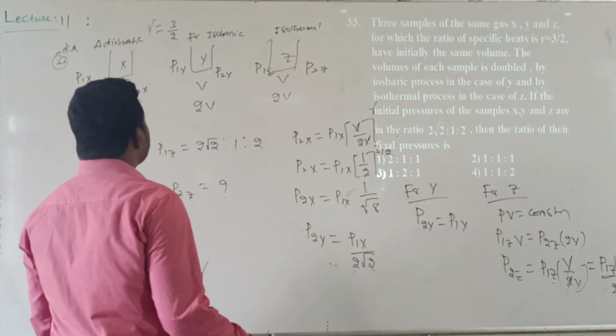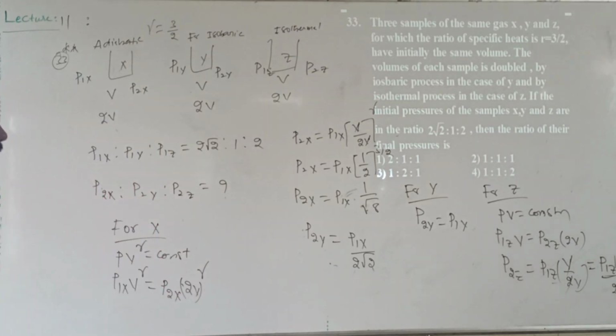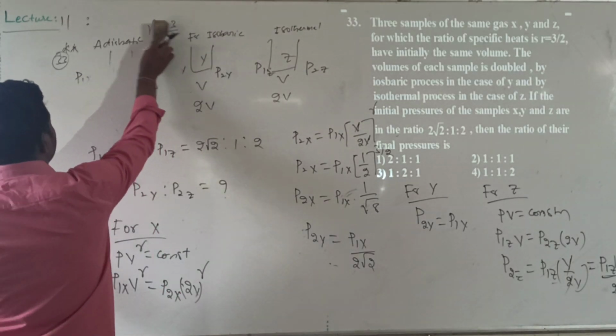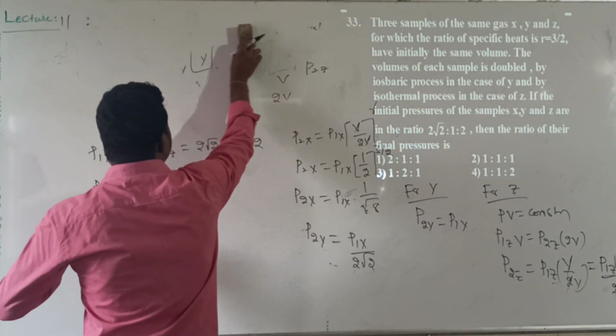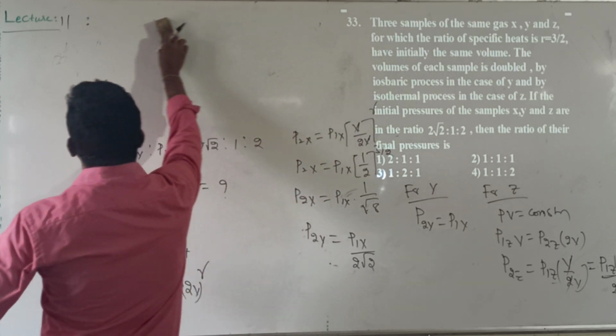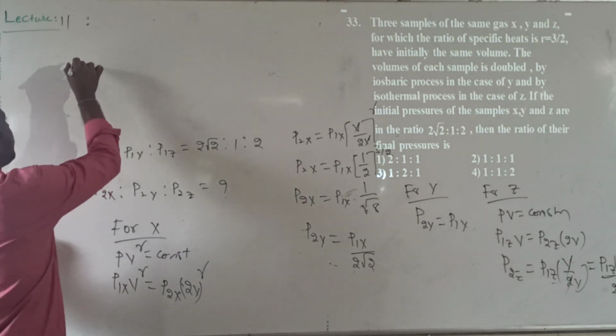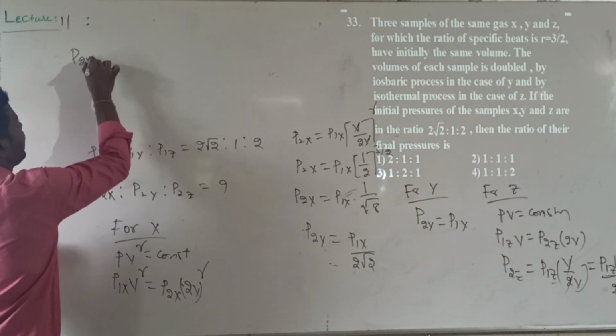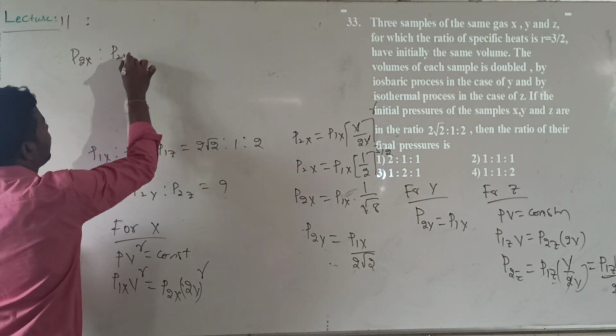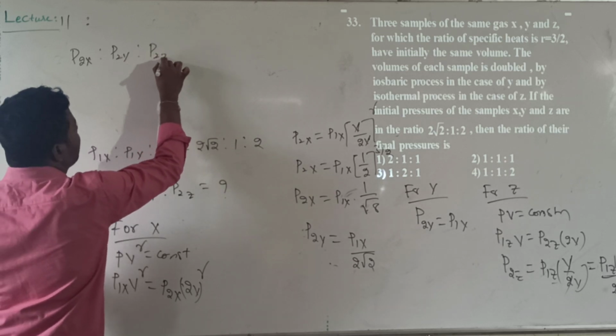Now what ratio do I want to calculate? The adiabatic process, isobaric process, and isothermal process. What is the ratio of P2x is to P2y is to P2z?